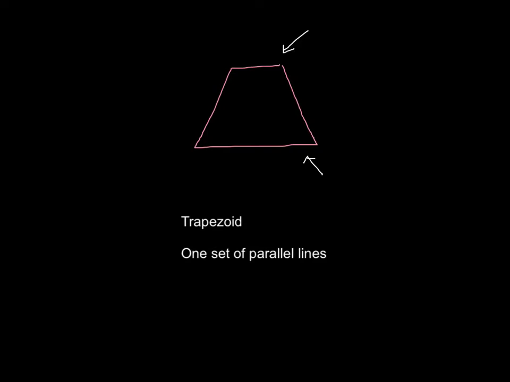The best way that I have learned how to remember a trapezoid is that if you were to keep extending these intersecting lines, it would be essentially making a trap. And this would be where your trap is, right here. That's how I like to remember a trapezoid, but you can always remember it whichever way is easiest for you.